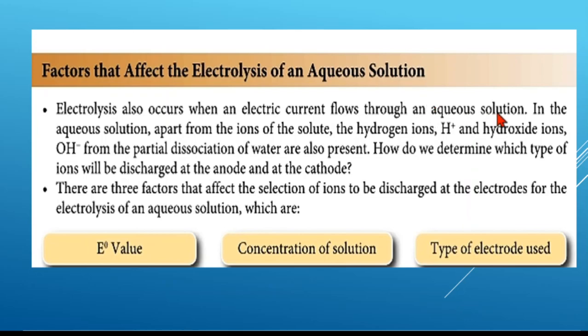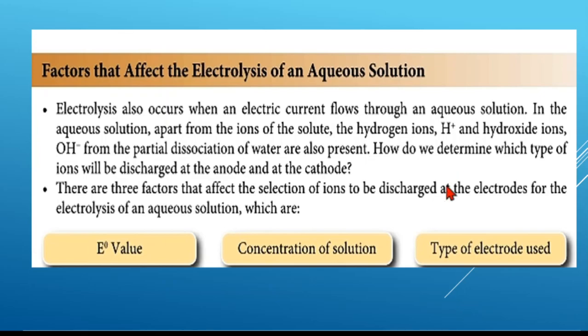So dia jadi aqueous solution. So bila dia aqueous solution, dia juga boleh conduct electricity sebab dia punya ion are free to move. In the aqueous solution, apart from the ions of the solute, the hydrogen ion H plus and the hydroxide ion OH minus from the partial dissociations of water are also present.